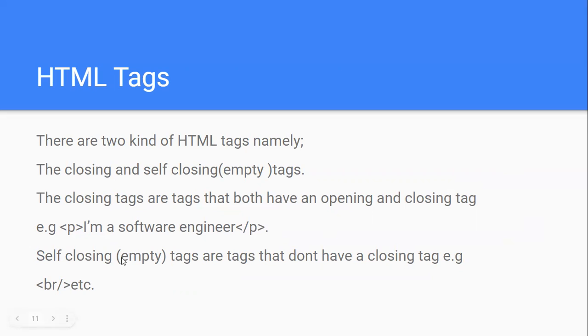While self-closing or empty tags are tags that do not have a closing tag. An example is this BR. It closes here. It does not have opening and closing. It just closes. So this kind of tag does not contain content. An example is this one: you see, I am a software engineer. That is its content. But BR, there's no content there.